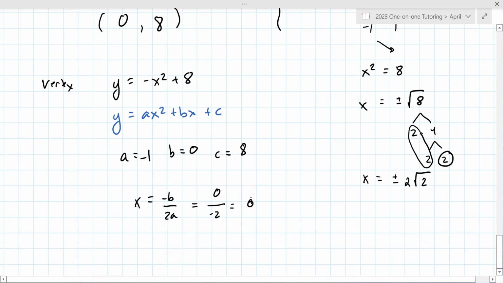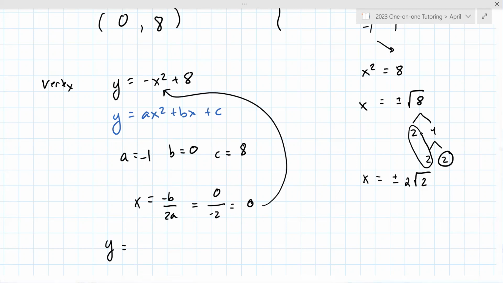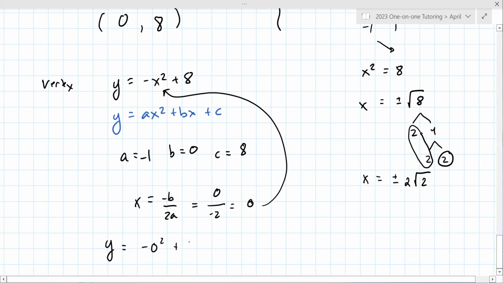So that's just the x coordinate. To get the y, you put x equals 0 back into the equation. So that's minus 0 squared plus 8.